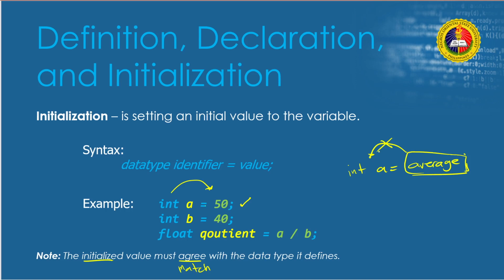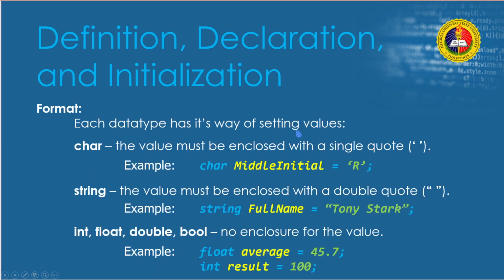Alright, so format. How do we write an initialized value? There are different ways to do it depending on the data type. Each data type has its own way of setting values or initializing a value. If char, the value must be enclosed with a single quote. For example, char middle initial is 'R' with single quote.